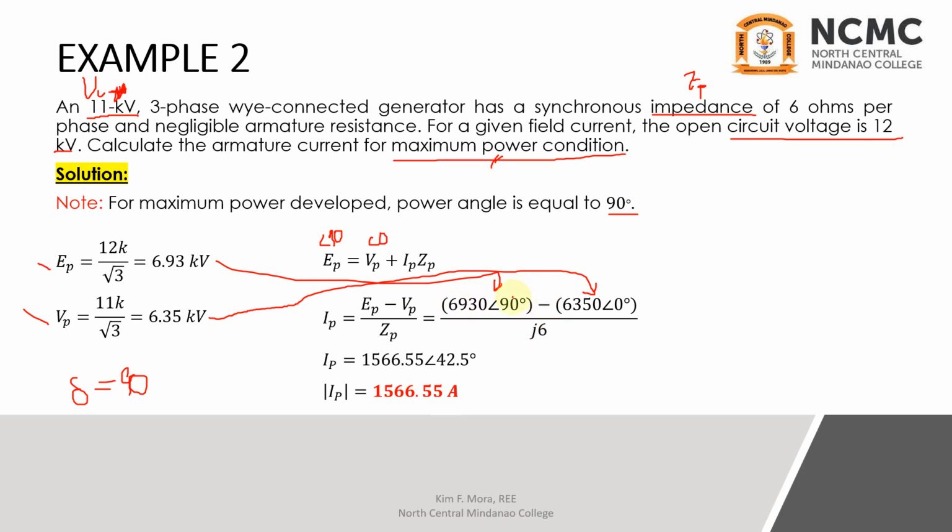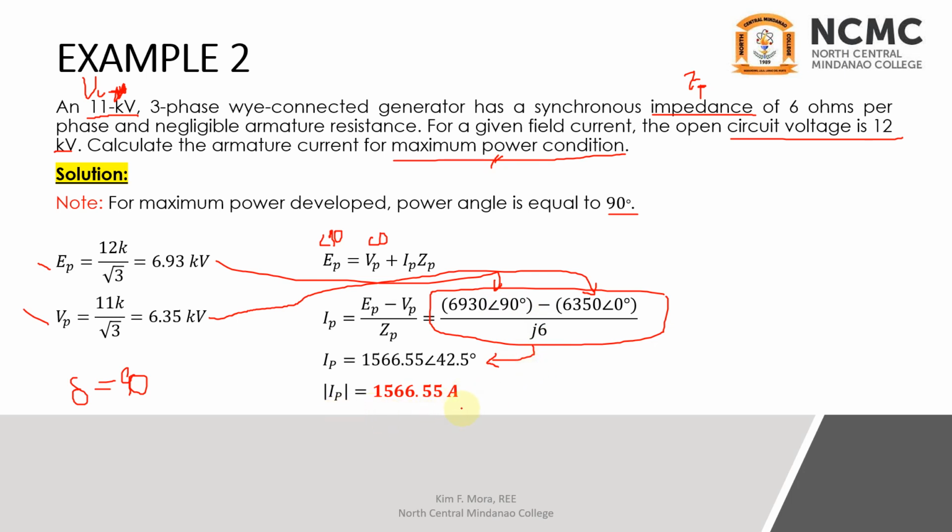Just plug this into the calculator. Our expected output is 1,566.55 angle 42.5. Do not forget that the calculator should be in complex mode so we can input these angles and imaginary numbers.